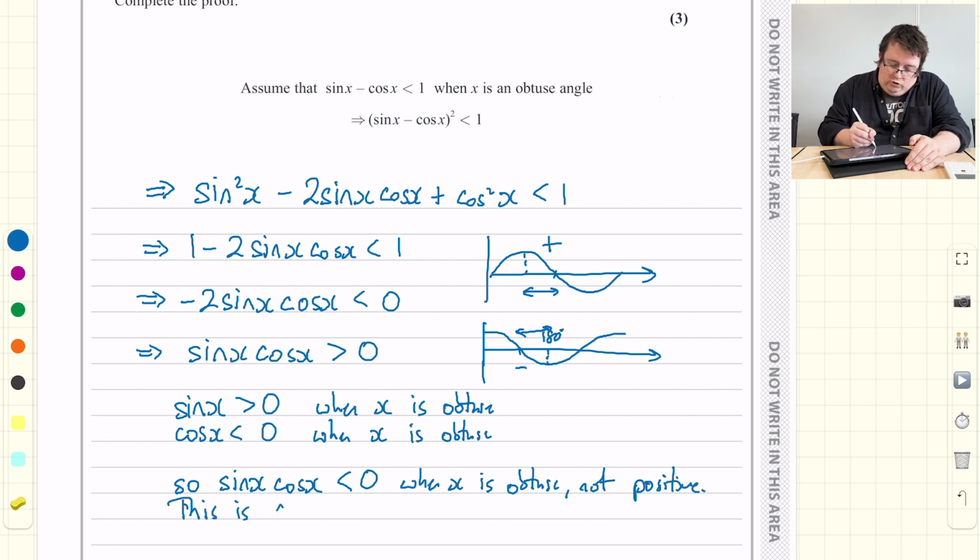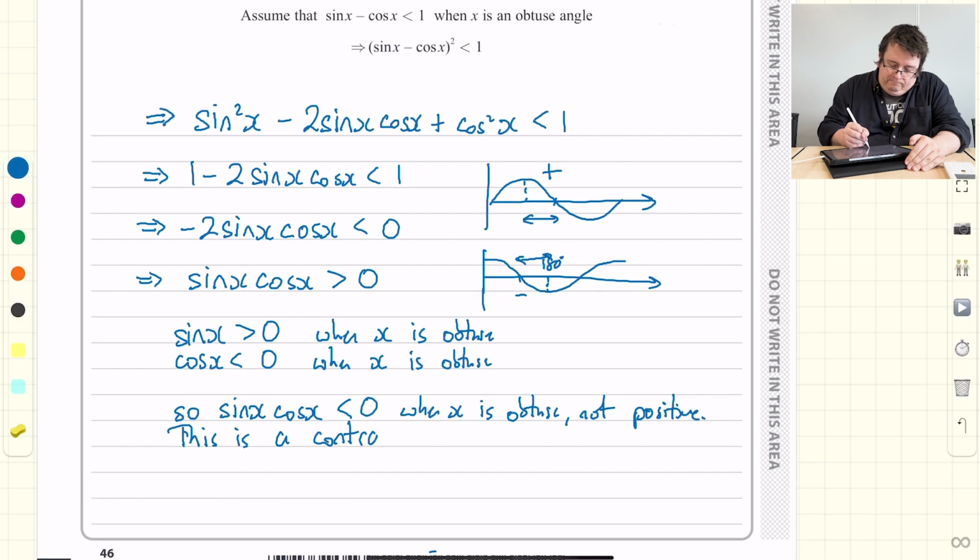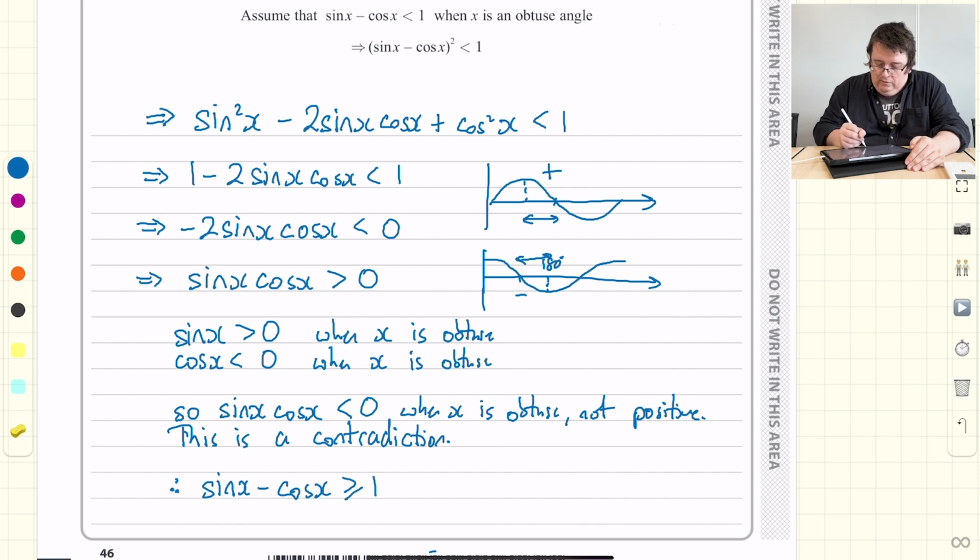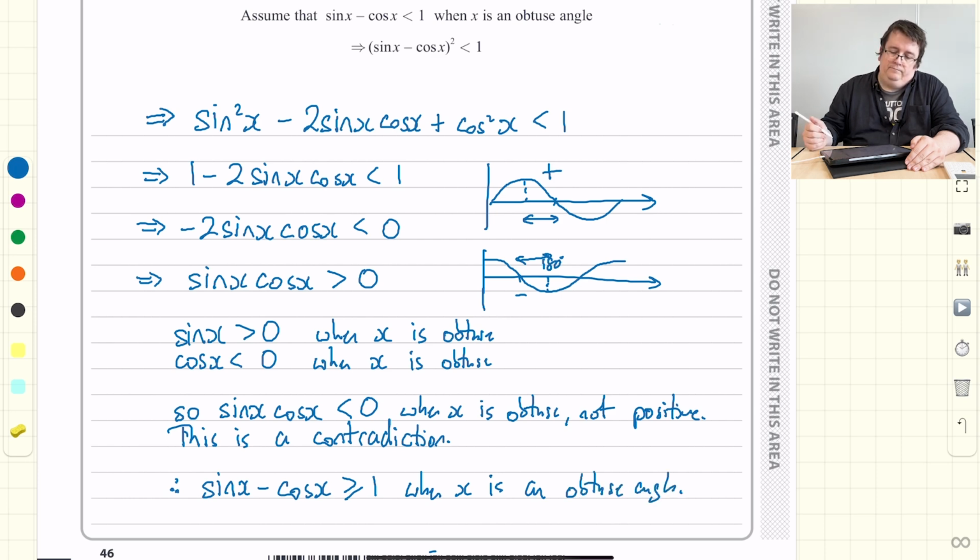This is a contradiction. Therefore, sin x take away cosine x is greater than or equal to 1 when x is an obtuse angle. Okay.